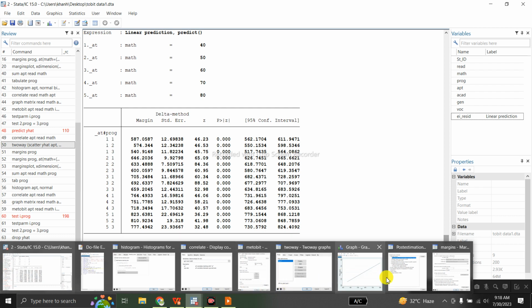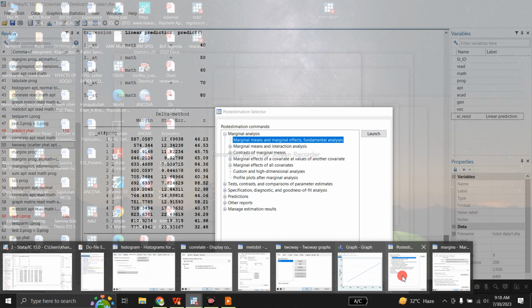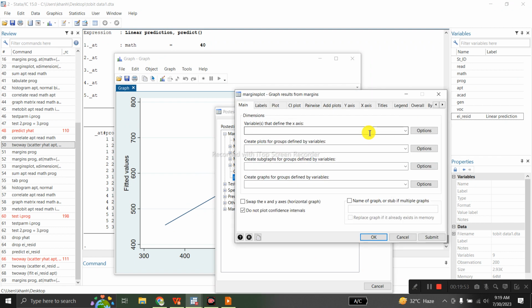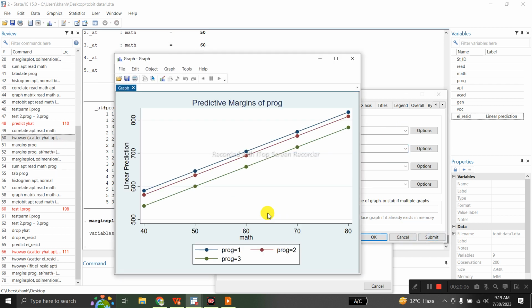So sorry, let me go to the correct place, and let me do this and launch. I'll do this at math, and here I will mention program. So now you will see this is the graph, the predictive margins of the program.